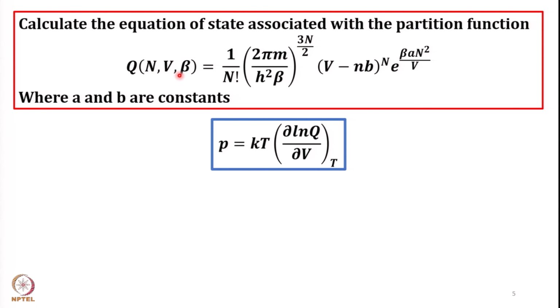So essentially it is NVT, that means it is a canonical partition function. And if you look at this expression carefully, it involves b and a. So that reminds you of van der Waals equation of state, where the attraction and repulsion terms are included.